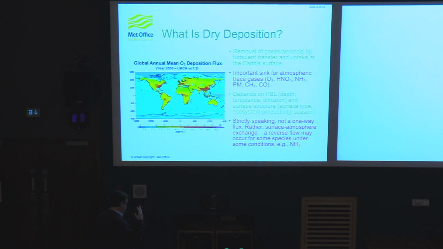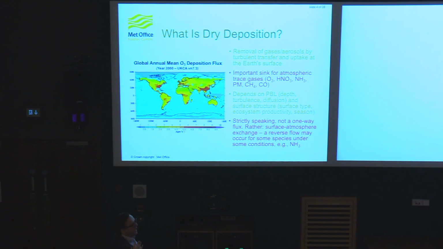I have defined dry deposition as a removal process, but strictly speaking, we should actually talk about the surface exchange process, because for most species, there will be a flux in both directions. There will be a removal of those species, but there will also be a re-emission of the deposited species, or there will be another source in the vegetation or anything.